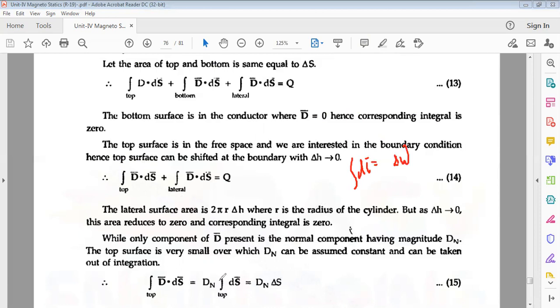Now here the cylinder is there, so the surface integral of ds is S, a small incremental surface, that is delta s. We are finding the normal component, so we take it as Dn into delta s, and it is equal to Q. Dn delta s is equal to Q. Got it, my dear students?